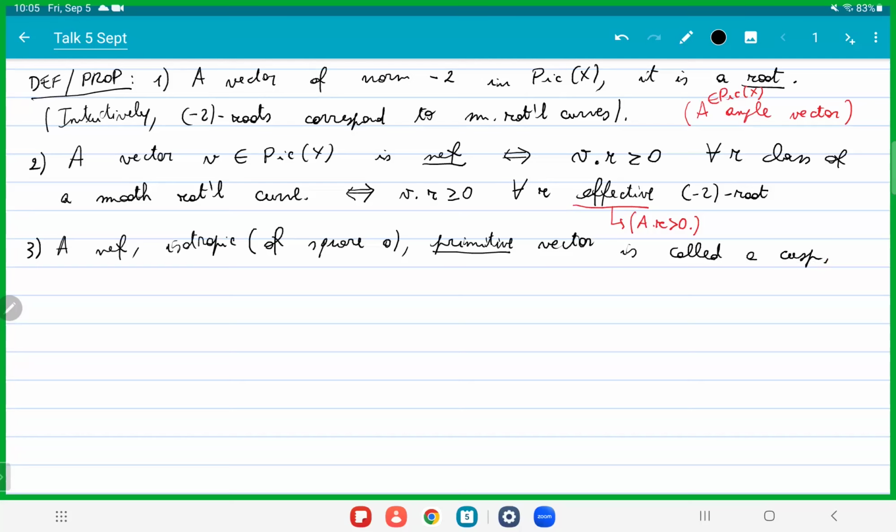And geometrically, this corresponds to elliptic fibrations, because Riemann-Roch tells us that such a vector induces a pencil of curves, and not only that, induces a pencil of curves of genus 1 by the genus formula. So cusps correspond to elliptic fibrations on X.